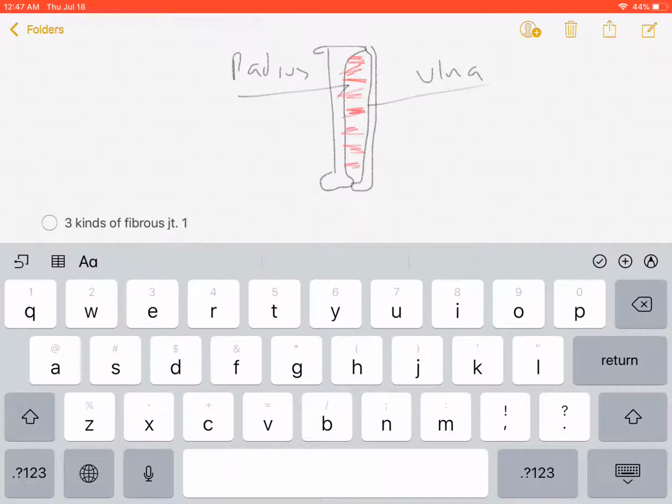Number one, we have our sutures. Number two, we have our gomphoses. Number three are syndesmoses.